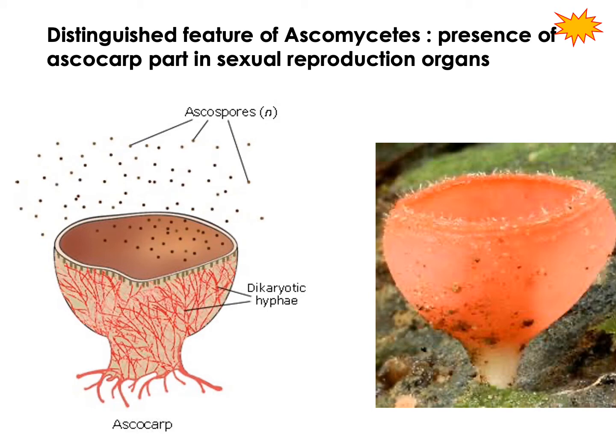This is the distinguishing feature of the ascomycetes, the presence of the ascocarp as the sexual reproductive organ. In the ascocarp, the dikaryotic hyphae terminate, forming the asci. In the asci, meiosis follows nuclear fusion, and then spore formation takes place, which gives the ascospores.